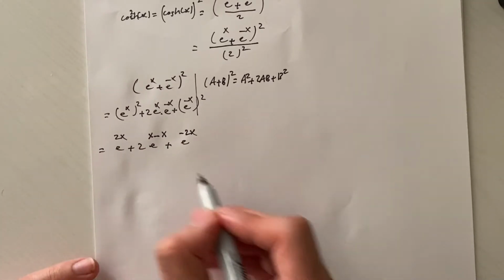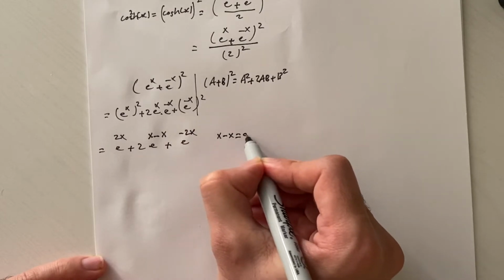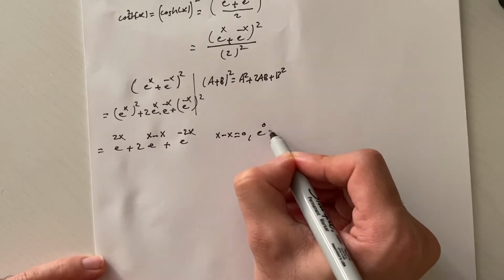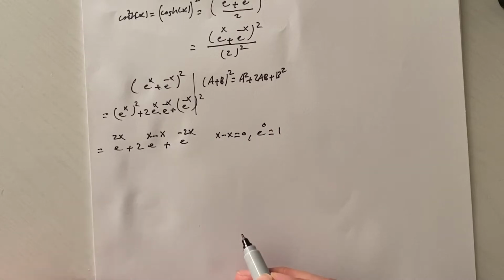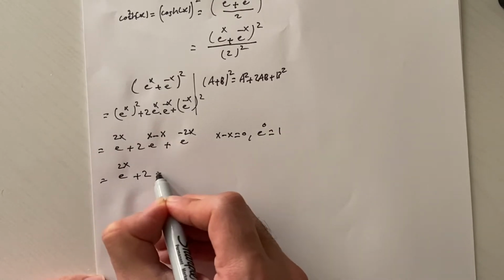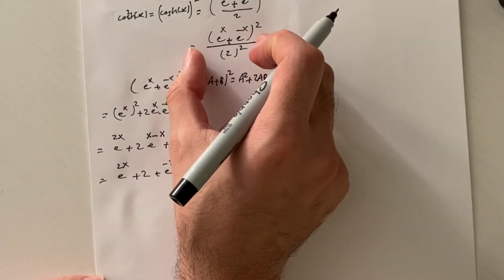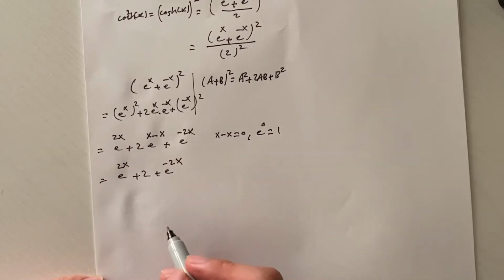So what we notice here, x minus x is just 0, and anything to the 0 is just 1. So it's gonna be e to the 2x and then plus 2 multiplied by 1, which is just 2, plus e to the negative 2x. Now this is just the top term.